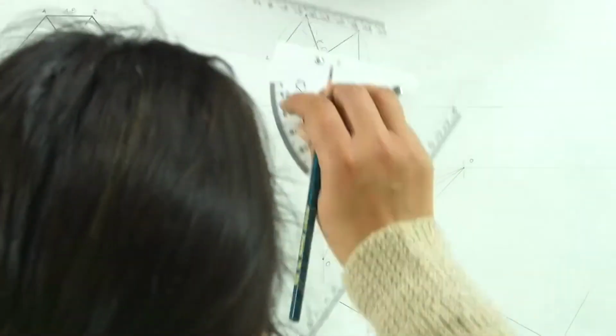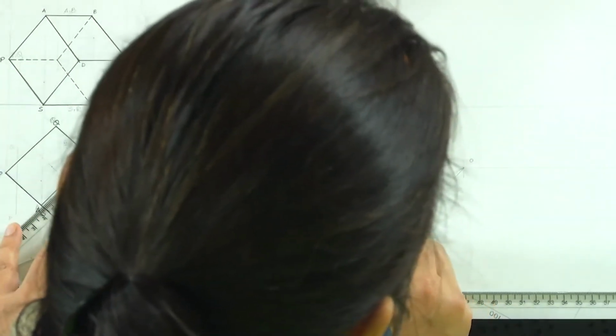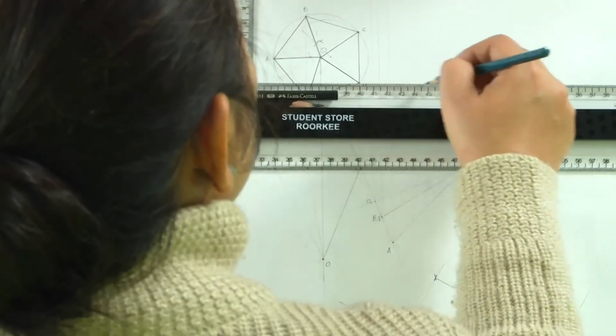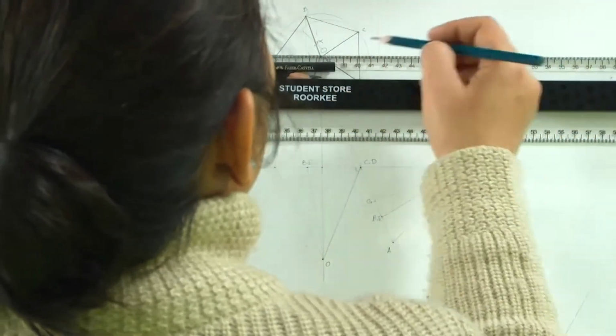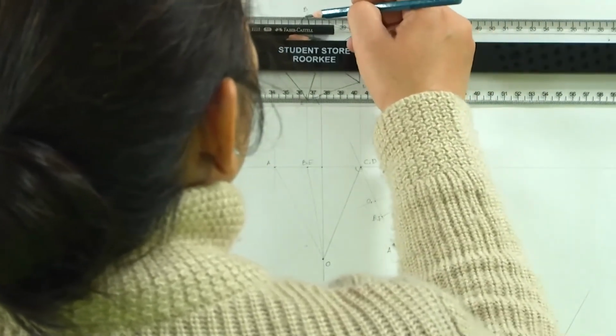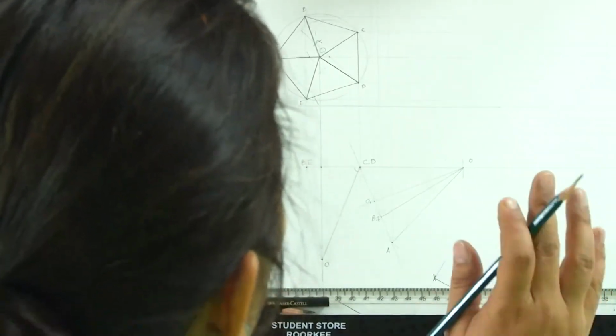Let us take the projections up. The horizontal projections remain the same because that is what we kept. And let us match the projections again.